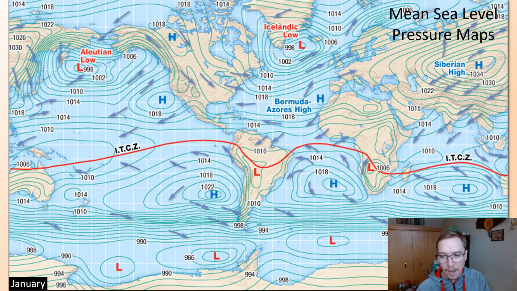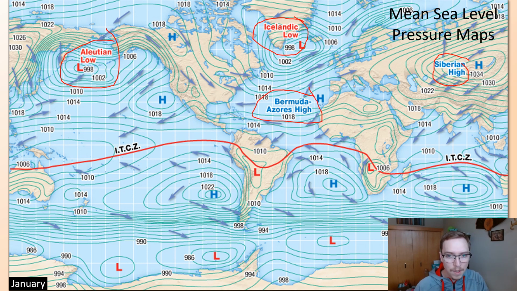We see a series of named pressure systems that exist because they are so consistent throughout a given year. Things like the Aleutian Low or the Icelandic Low or the Siberian High, which sets up over the Eurasian continent, or the Bermuda Azores High.